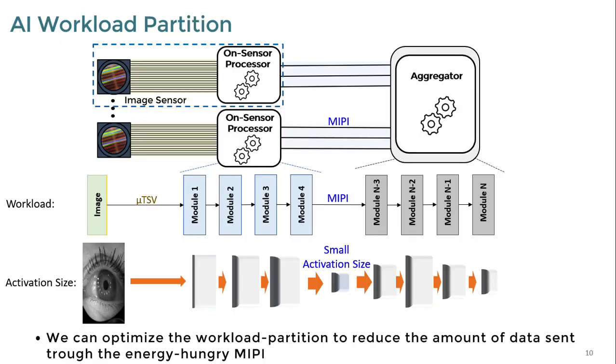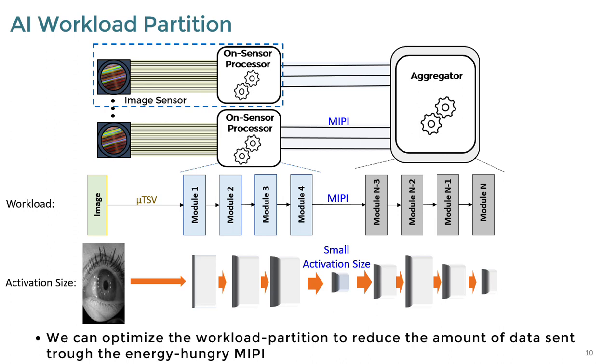So now let me quickly introduce how we are planning to do the workload partition between the on-sensor processor and the aggregator. Here I'm showing a cartoon of the system in which we have the smart image sensor and aggregator, and part of the workload will be computed on the sensor and part on the aggregator.